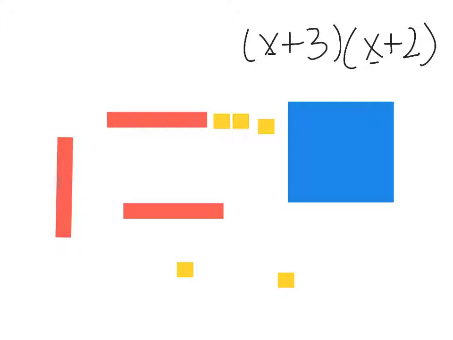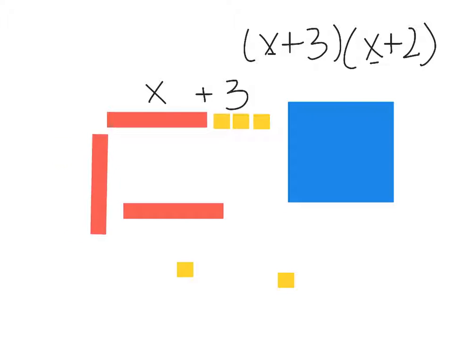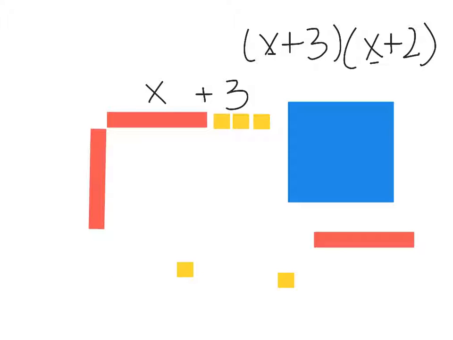The first thing that we would do is model x plus 3 across the top of our array. And then we would model x plus 2 down the side.